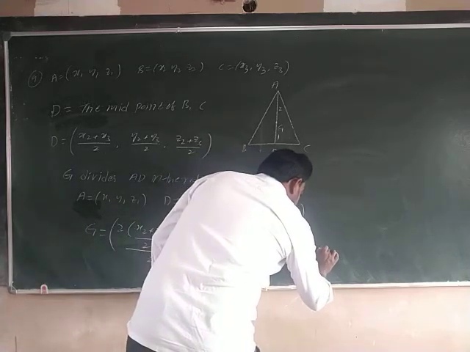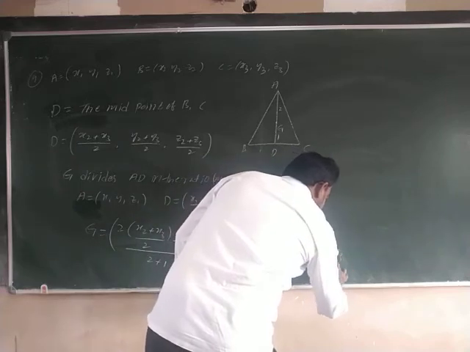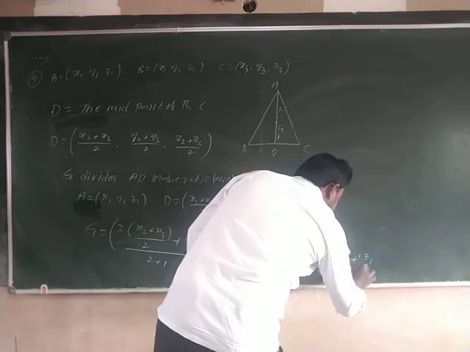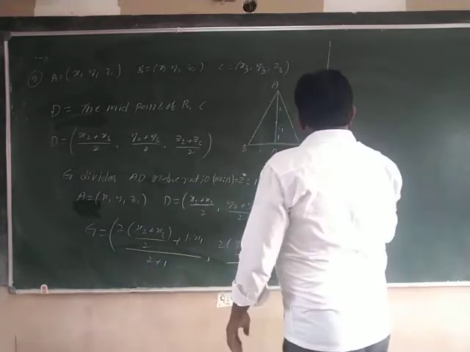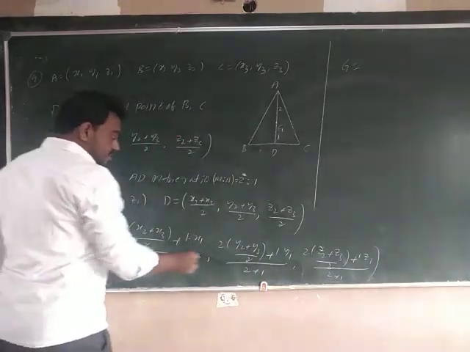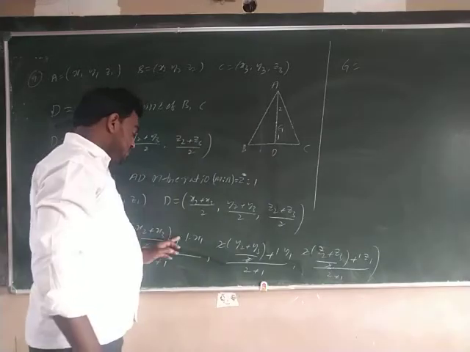Next, 2 into (z2 plus z3) by 2 plus 1 into z1, by 2 plus 1. Here the 2s get cancelled. This is x2 plus x3, plus 1 into x1.